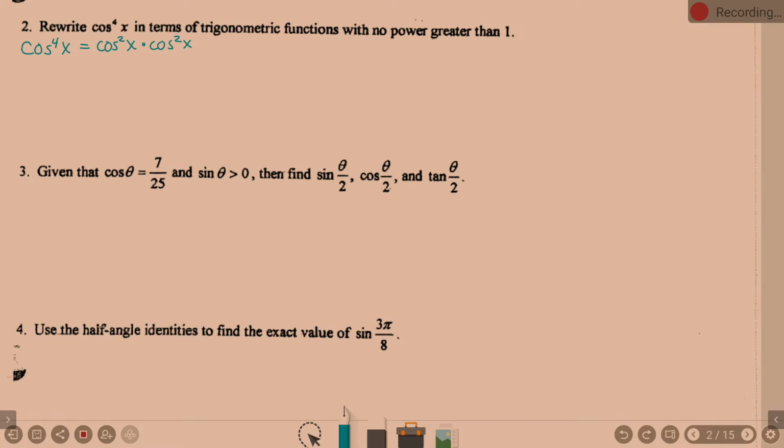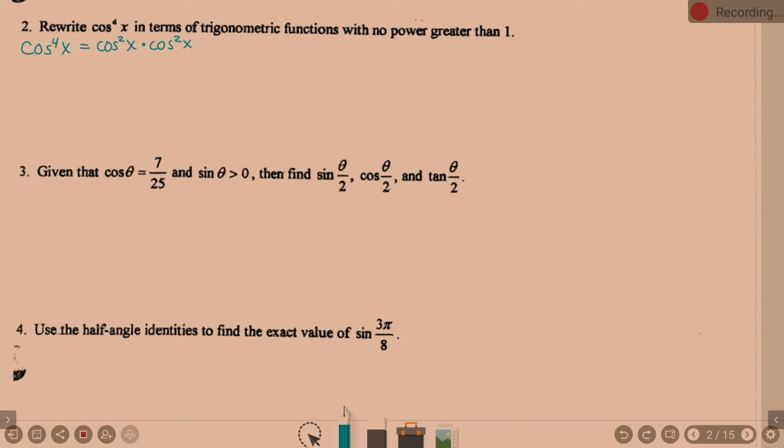Why did I choose to go cosine squared x times cosine squared x? Because I'm trying to rewrite this with no power greater than 1, and I need to get to my power reducing identities.